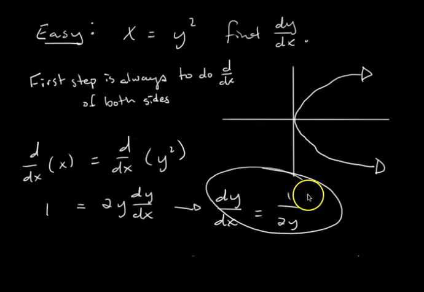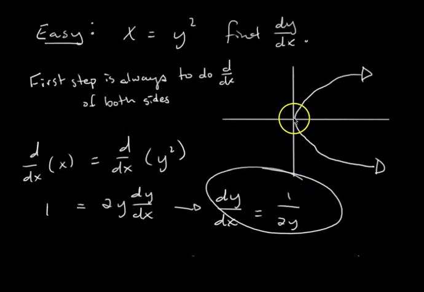One thing I like to do when I get the final answer is a quick sanity check. Let's plug in a couple y values on this curve and see if the slope of the tangent line at that spot makes sense when you plug y into 1 over 2y. If you plug in 0, you get 1 over 2 times 0, which is infinity, so it's a vertical tangent line. That makes sense.